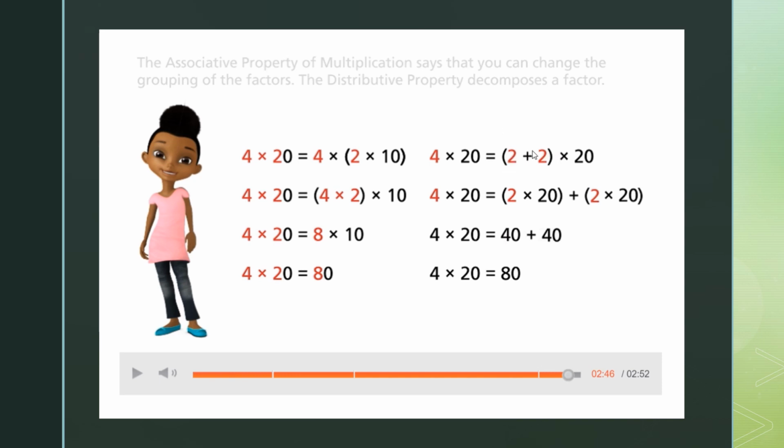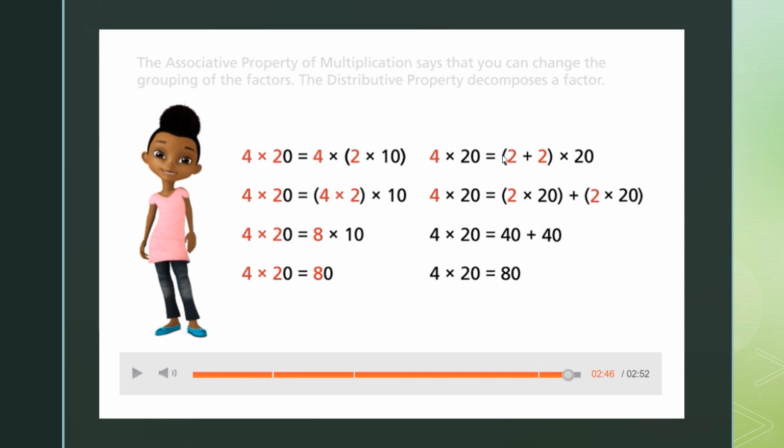So if we have 2 plus 2 grouped together, that's times 20. We now take each part of that decomposed factor, the 2, each part, and multiply it by 20, just in parts.